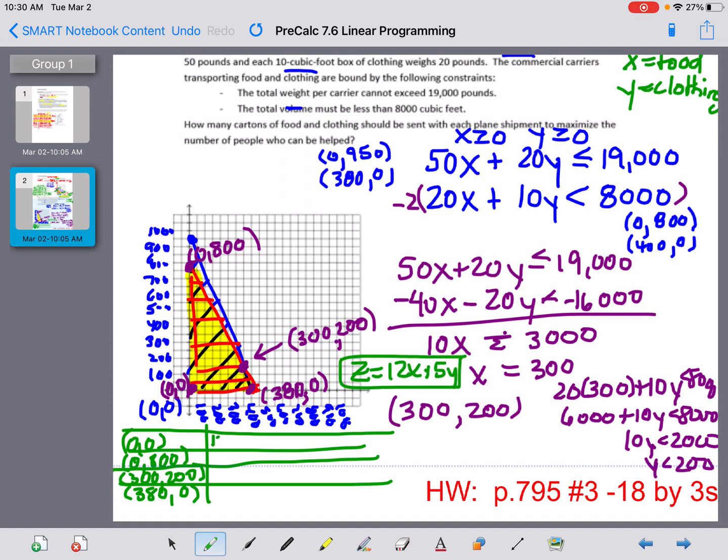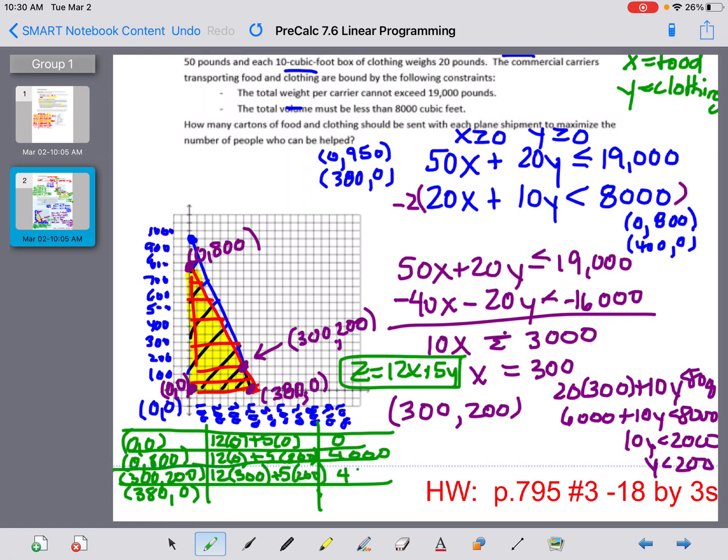So 12 times 0 plus 5 times 0. We're going to save a lot of gas on that airplane, but guess what? We're helping nobody. 0. If I do 0 and 800, so 12 times 0, so no food, but 800 boxes of clothing would help 4,000 people. If I do the 300 and 200, so 12 times 300 is 3,600, plus 5 times 200, that's another 1,000.